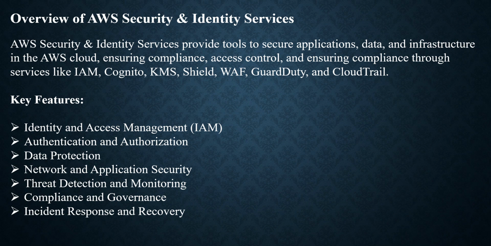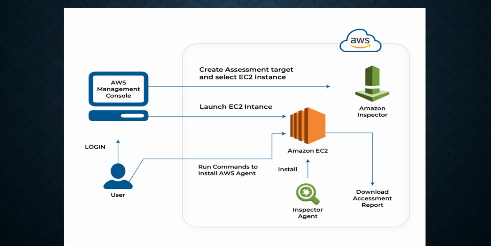Next, we are going to discuss the data flow diagram of AWS security and identity services. If you are logging into the AWS Management Console as a user, you create an assessment target and select an EC2 instance, which goes to Amazon Inspector.